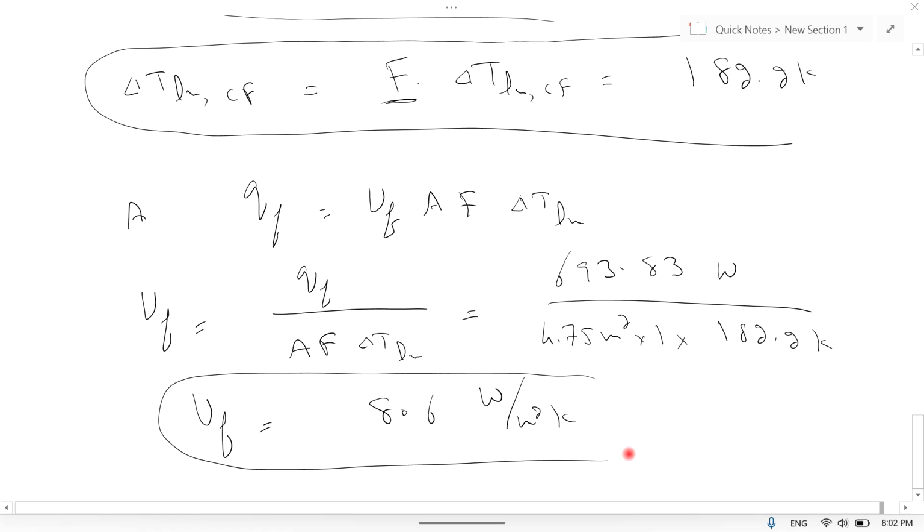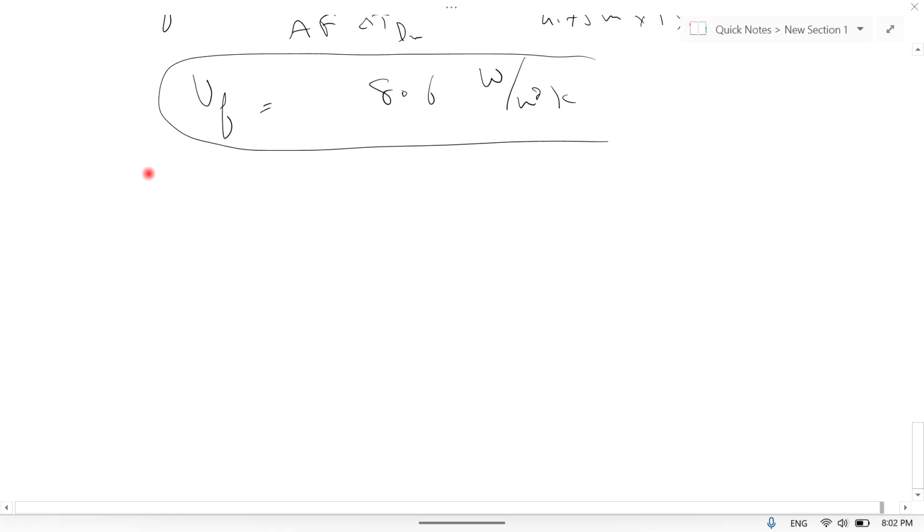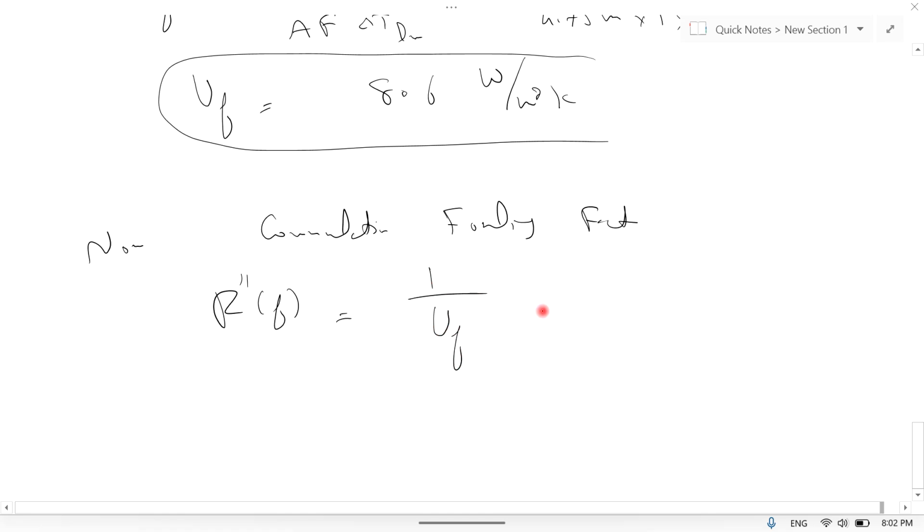Now find the cumulative fouling factor. The cumulative fouling factor is denoted by R double dash F, which is equal to 1 over UF minus 1 over UC.